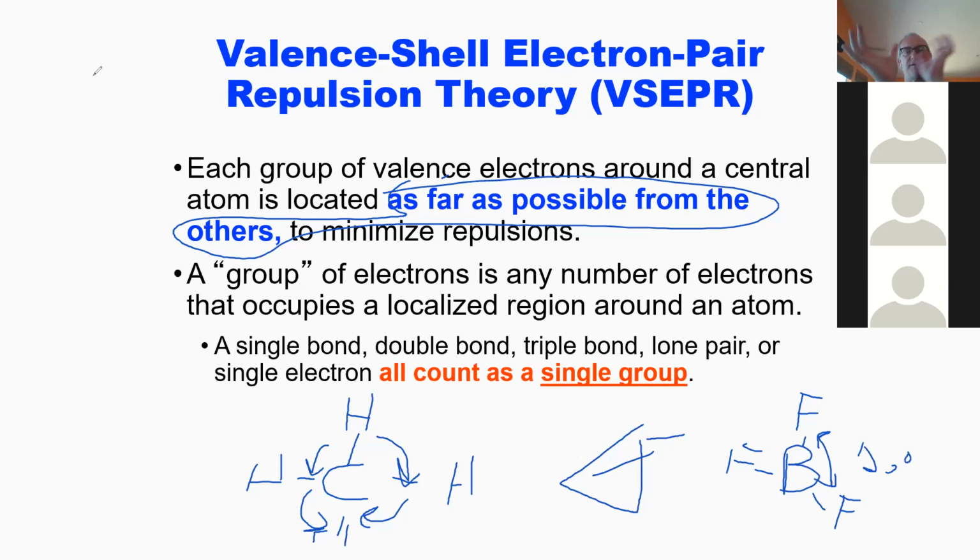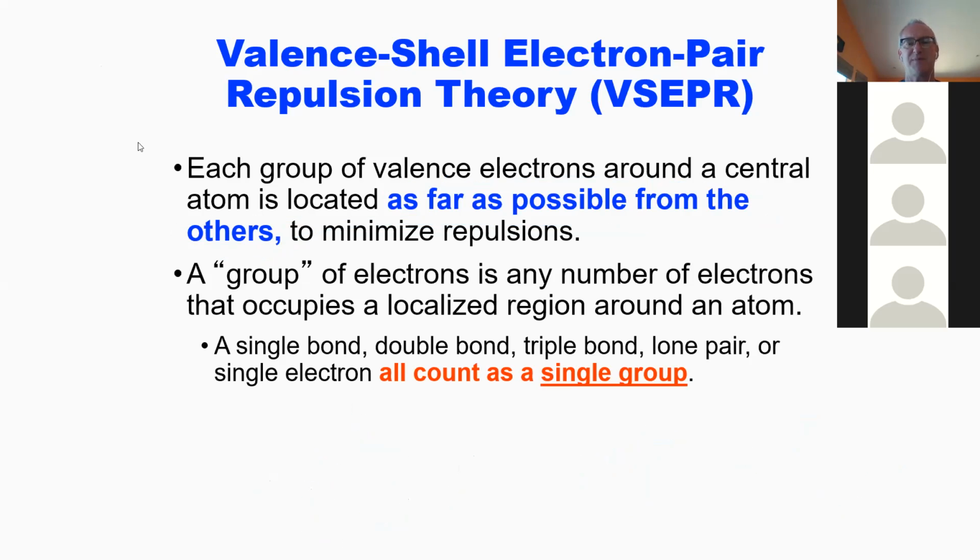That's as far apart as those 3 things can get, so it forms a trigonal planar shape. Single bond, double bond, triple bond, they all count as a single group of electrons because they're in the same area in space and they want to get as far away from each other as they possibly can. That's the really easy way to figure out what's going on.